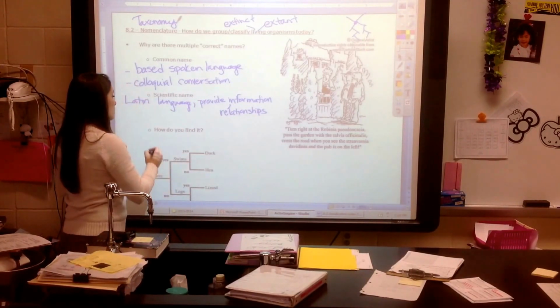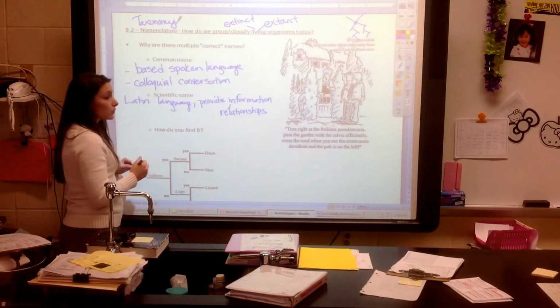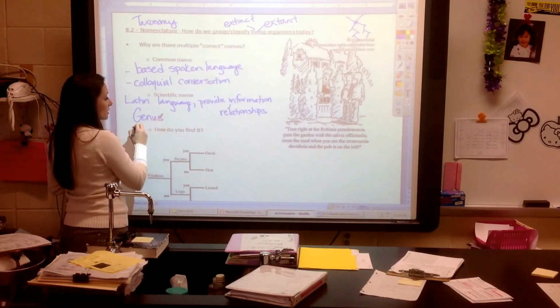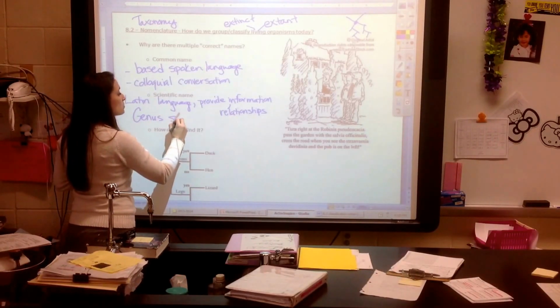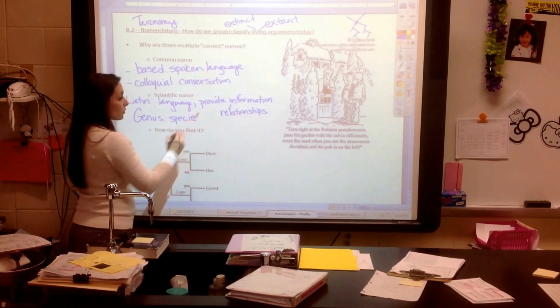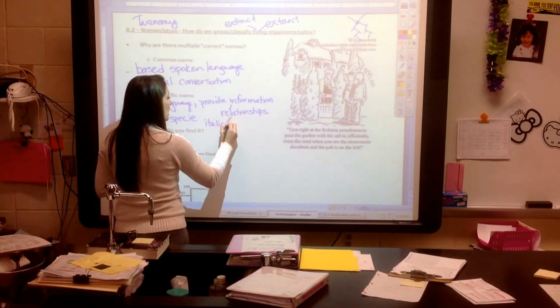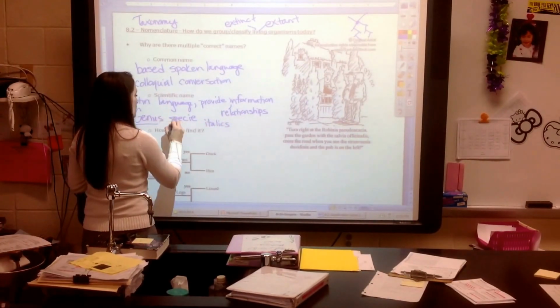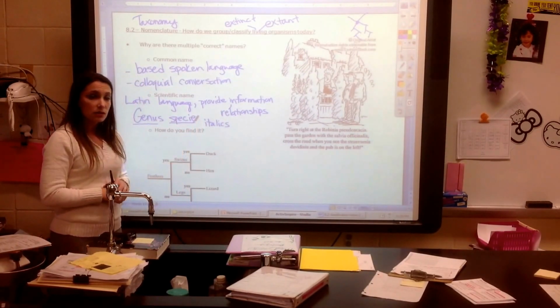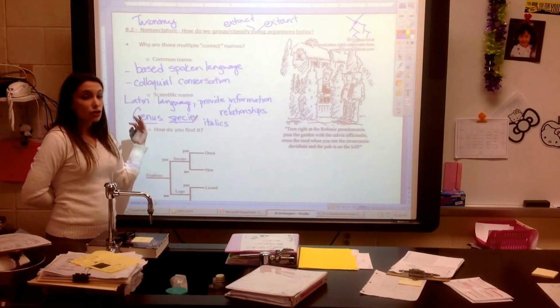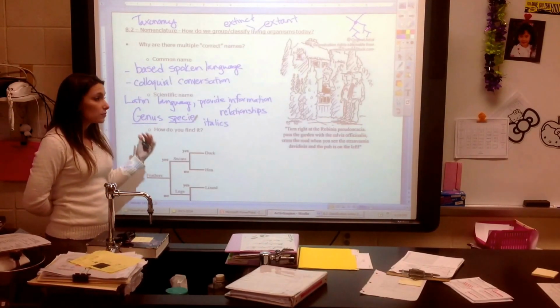Now, scientific names you've already had some experience with this year. It is the genus name, which is always capitalized, and the species name, which is always lowercase. If you were typing it, it would be written in italics, but if you're handwriting it, you underline the 2 words separately. And so what we're going to see is that these names should provide us with some information.